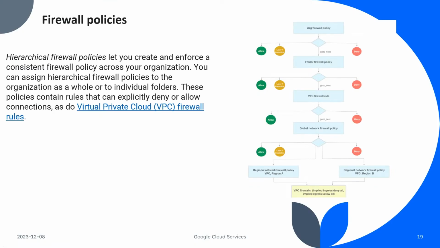What I have done, basically, is I have created a firewall rule here, which is allow, at the VPC1 level. And then here I have also created a deny.